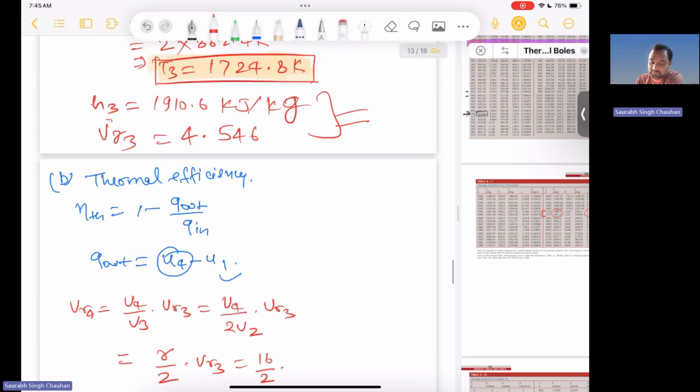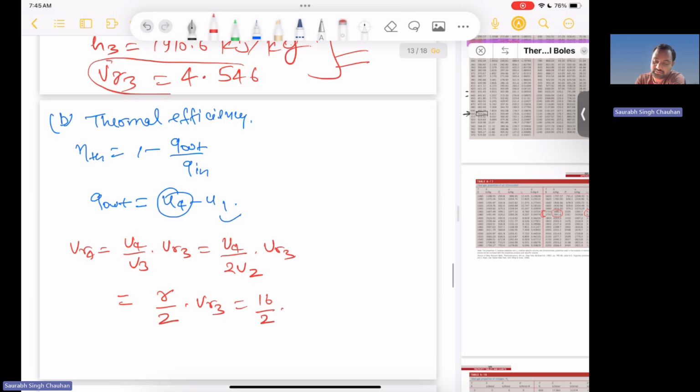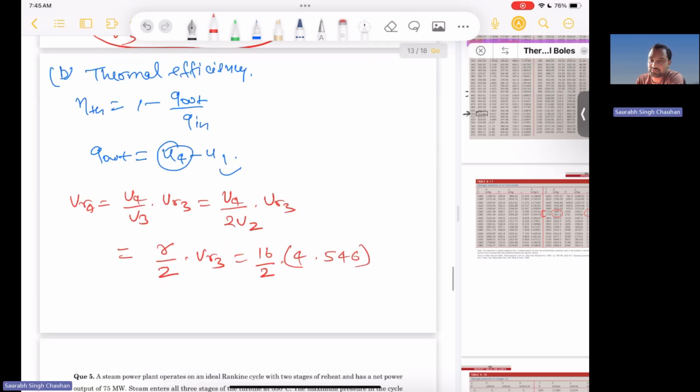This is VR3, 4.546. So if you calculate this value, VR4 will come out to be 36.37.